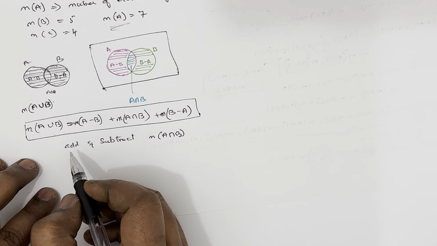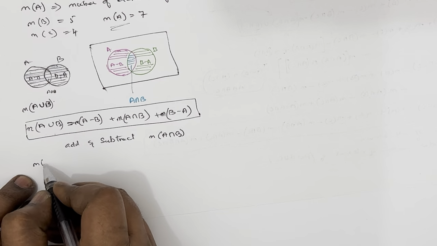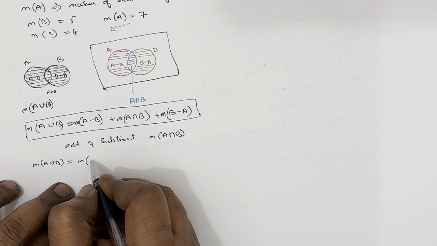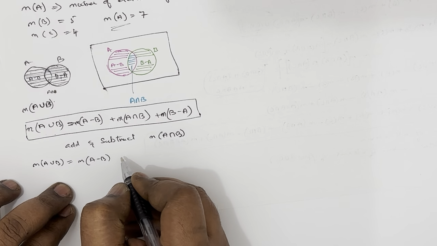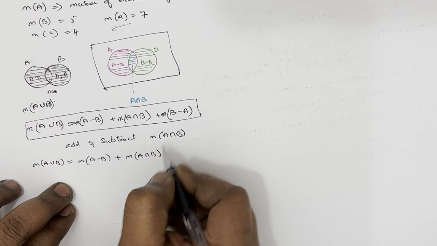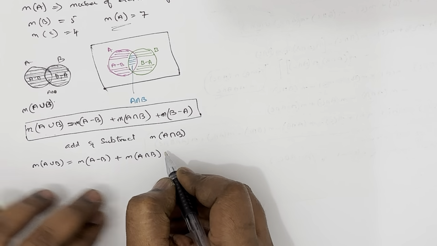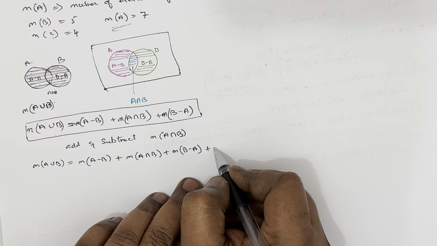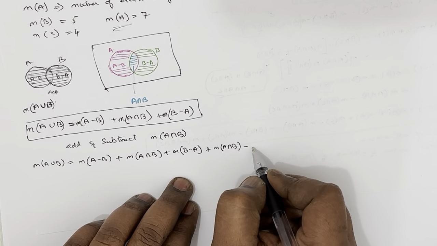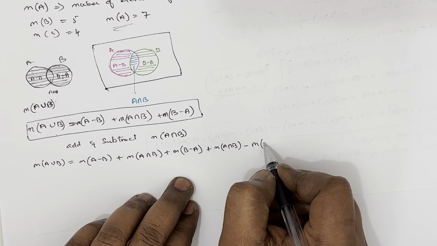So we'll get N of A union B equal to N of A minus B plus N of A intersection B plus N of B minus A. Now add and subtract, plus N of A intersection B minus N of A intersection B. We will add and subtract this one.